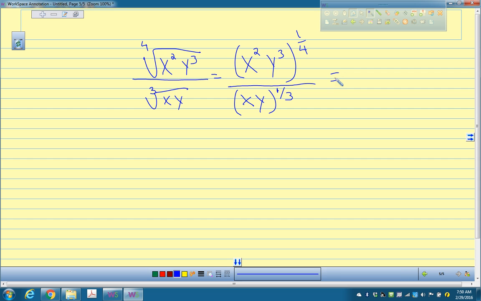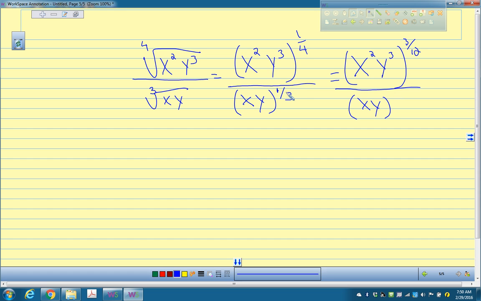I'm just going to finish it off. Find a common denominator. What's the common denominator between those powers? 12. How many 12ths is 1/4? 4 times what gives you 12? 3. So it's 3/12. And xy to the how many 12ths?